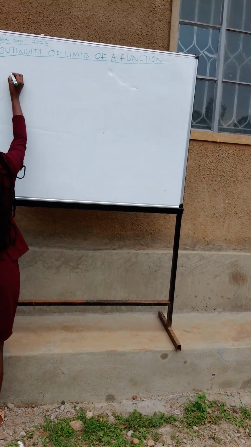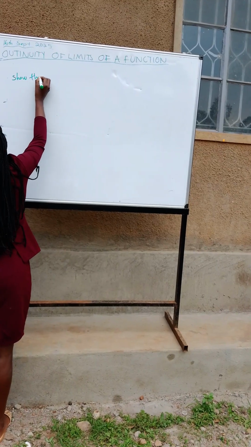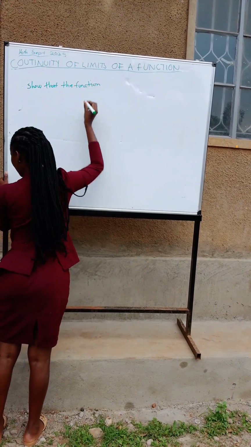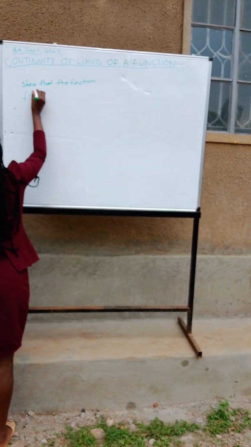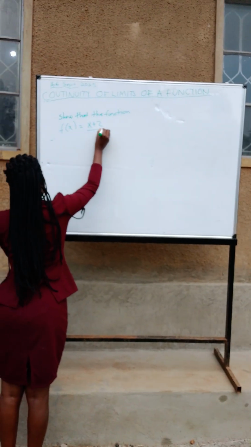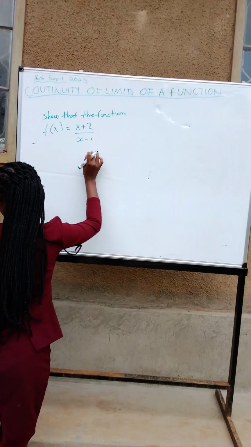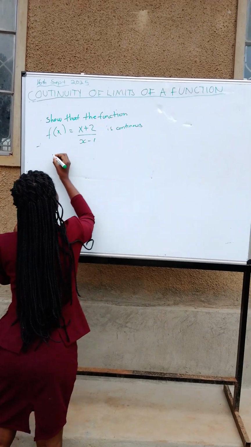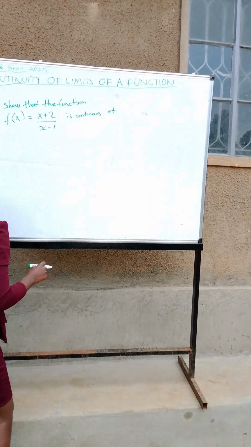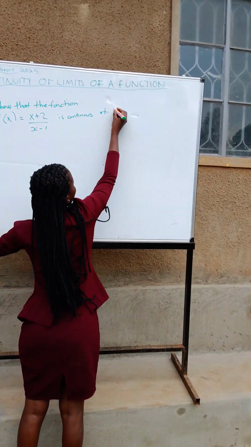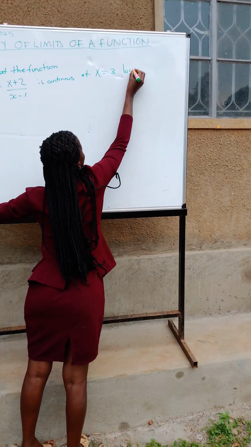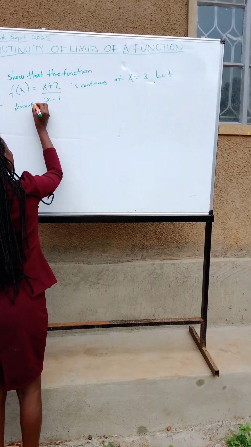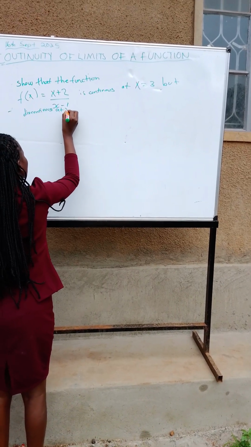The next example is show that this function f of x is equal to x plus 2 over x minus 1 is continuous at x equaling 3, but discontinuous at x is equal to 1.